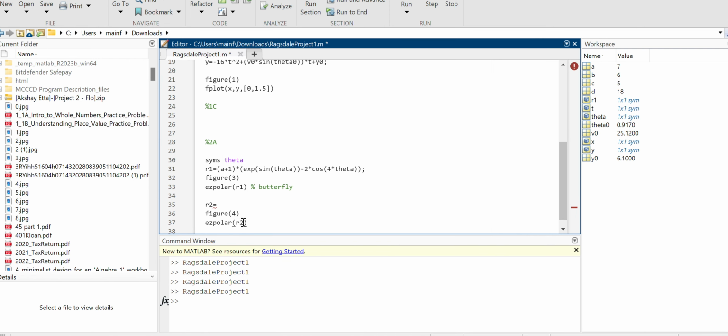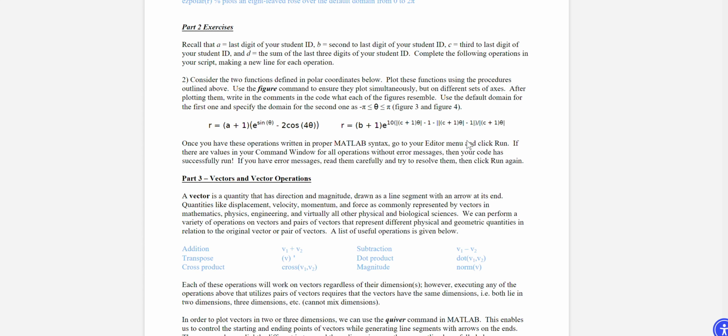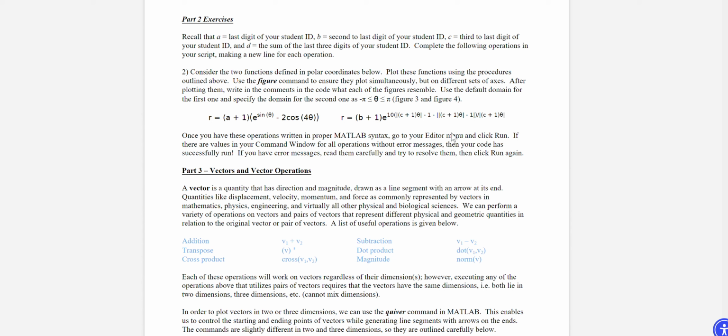Now, the only real part that you have to go do, I've kind of done the whole thing, is just go look at your R2 that's given to you in the instructions. So right here, and just go type it in. Now, I will admit this does look ugly, right? There's some absolute value signs in there. So just be careful. And there's a lot of parentheses, but it should look like a Pac-Man, just so you know.